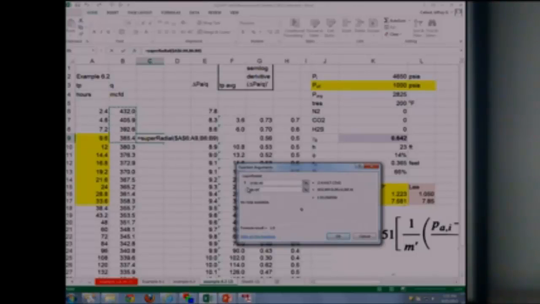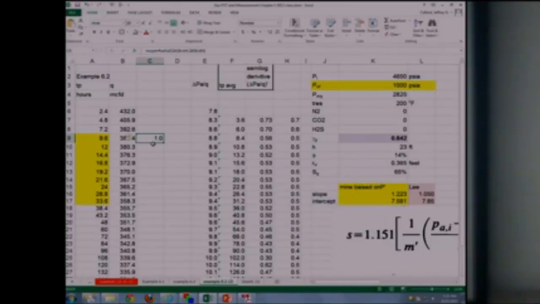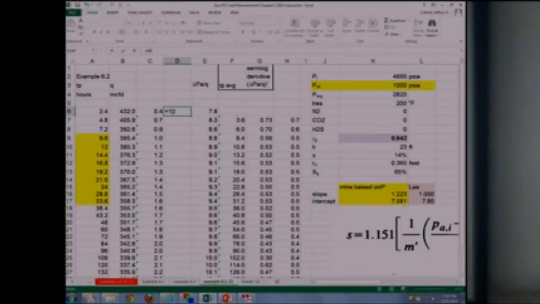So I want all the rates up to that point. So I'm gonna F4 the B6. And it's going to be a logarithmic function automatically. And if I want to compare it to these numbers, I would just say equals 10 to that.